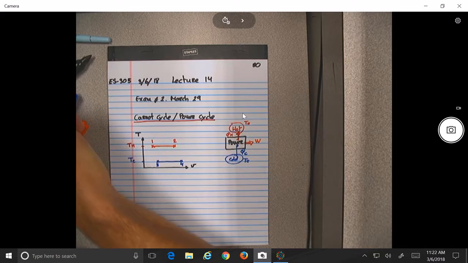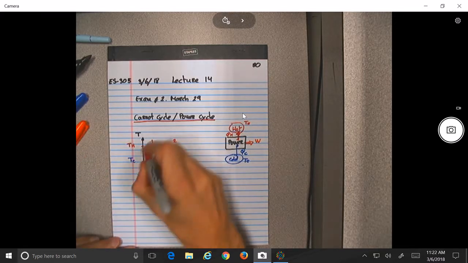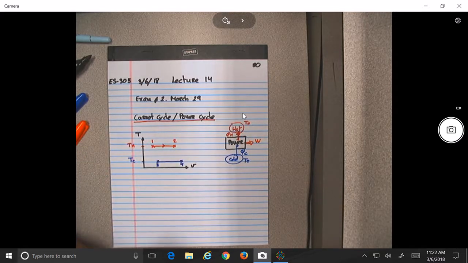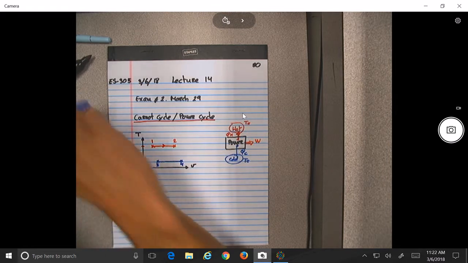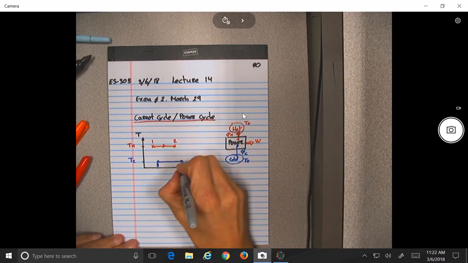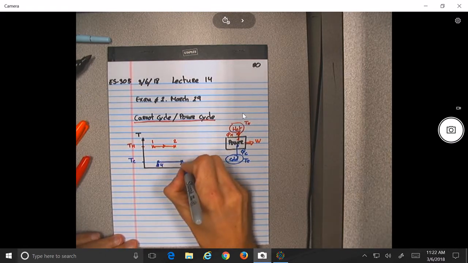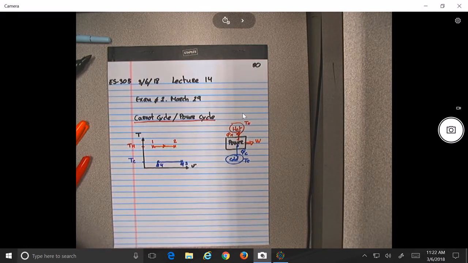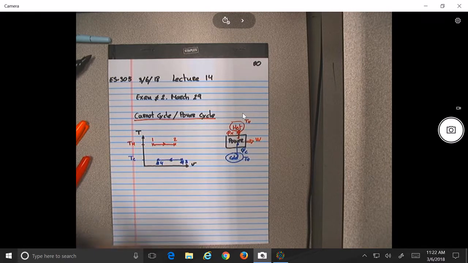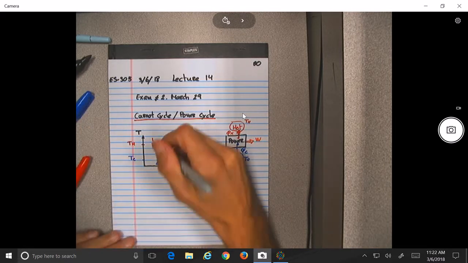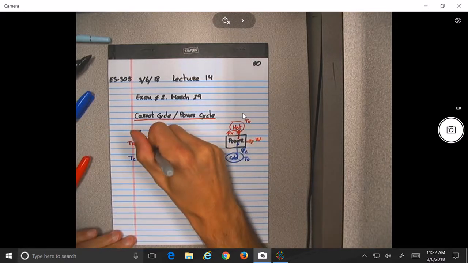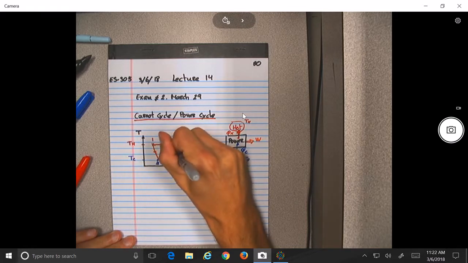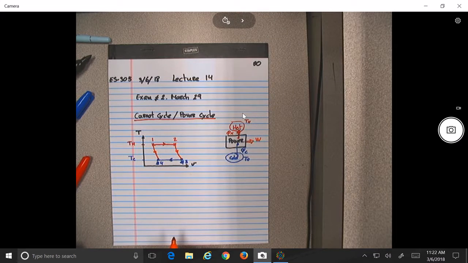Okay, so we go from 1 to 2. Oops, sorry, I did that wrong. This should be 3 and 4. So basically this would be the cycle, 1, 2, 3, 4.